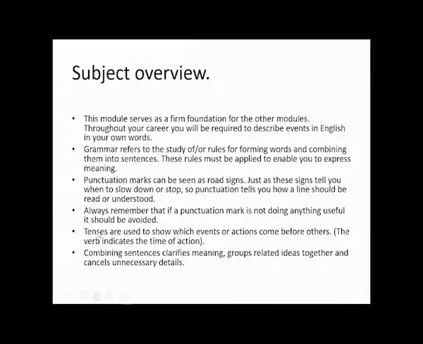There are a lot of conjunctions that we can use to combine sentences. When you combine the sentences, number 1, it should clarify the meaning. And number 2, it should group related ideas together. And also, it enables us to cancel unnecessary details.